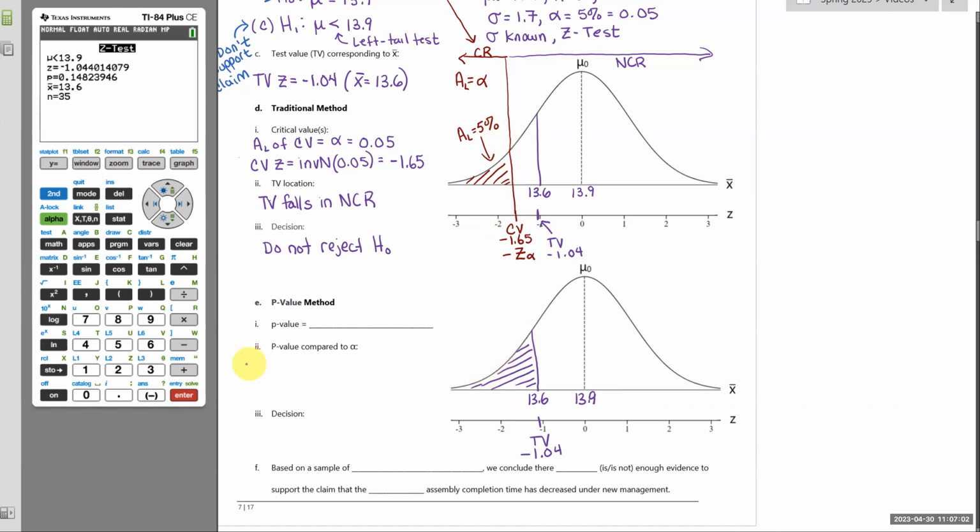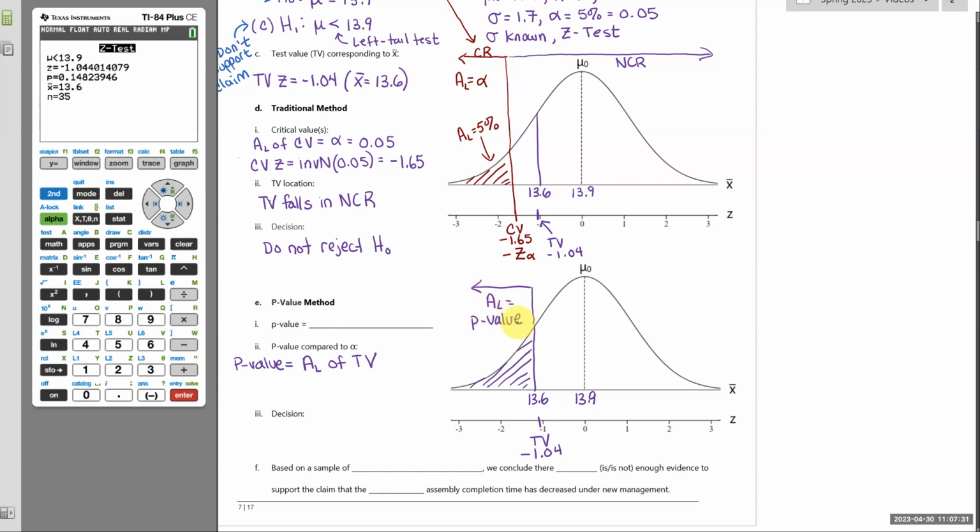So I'm just going to make a note here that my p-value is the area left of the test value. And I'm just going to draw my line a little bit more straight there. All right, so there's my p-value. That area to the left is my p-value.